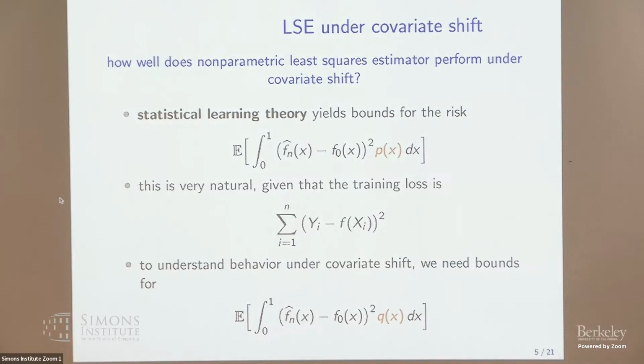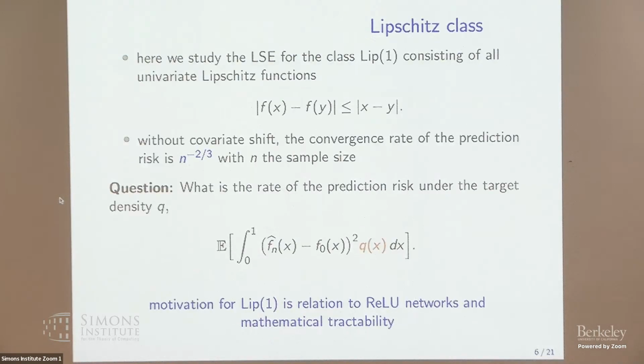What we do here is look at functions that are Lipschitz with Lipschitz constant 1 in one dimension. Under the measure p, the classical non-parametric convergence rate is n to the minus 2 beta over 2 beta plus d, where beta is the smoothness and d the dimension.